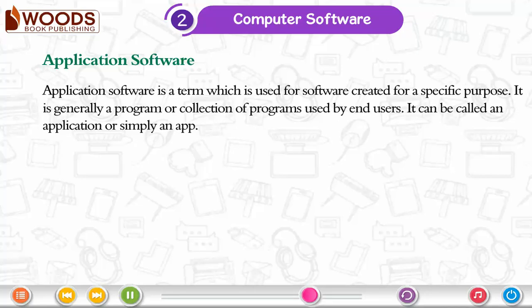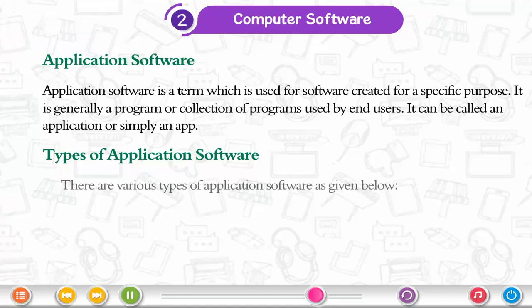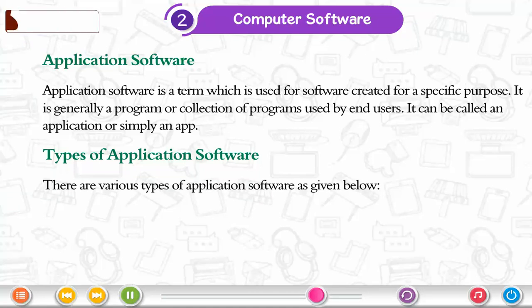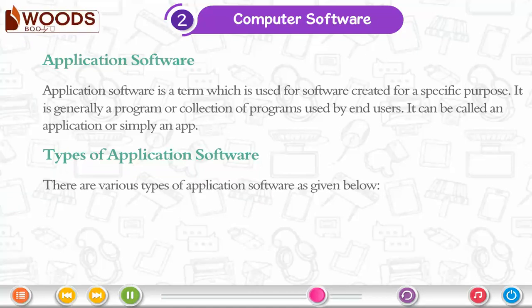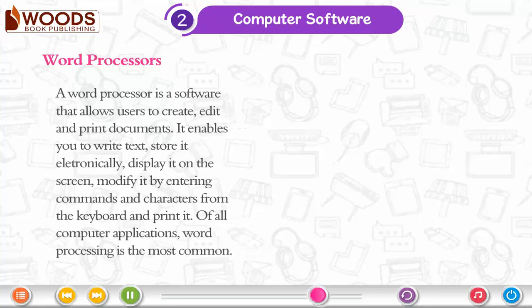Application software. Application software is a term which is used for software created for a specific purpose. It is generally a program or collection of programs used by end users. It can be called an application or simply an app. Types of application software. There are various types of application software as given below. Word processors.